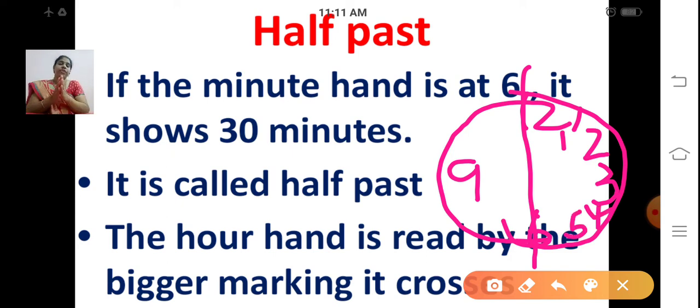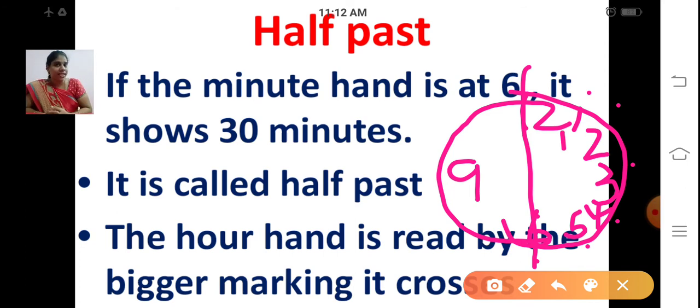We saw 15 is quarter, and 6 means, see, 1 is 5 minutes, 10 minutes, 15, 20, 25, 30. So it is 30 minutes, right? So exact half is 30 minutes. If the longer hand is at 6, it means 30 minutes.